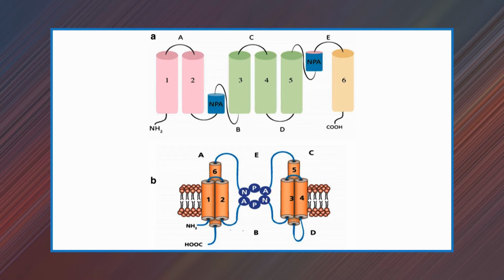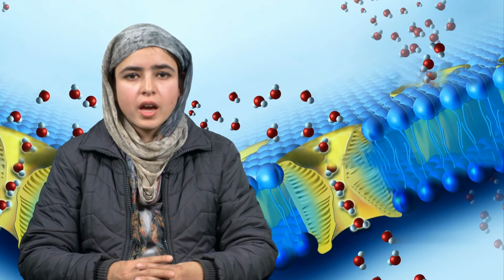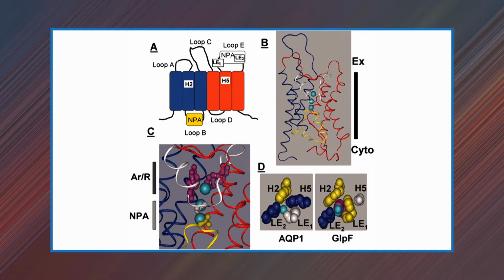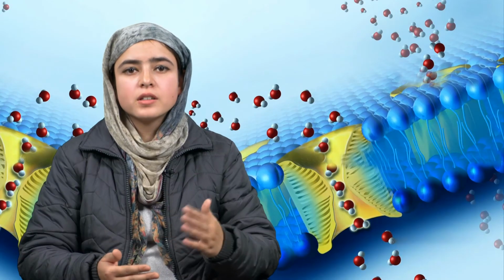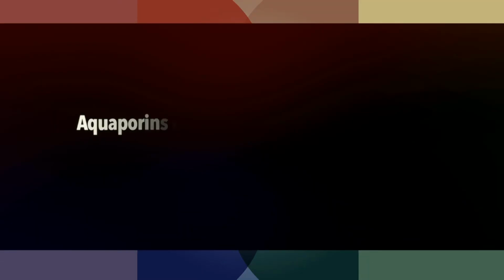They create a distinctive hourglass shape, making the water channel narrow in the middle and wider at each end. Another and even narrower place in the channel, called the RR selectivity filter, is a cluster of amino acids enabling the aquaporin to selectively let through or block the passage of different molecules.